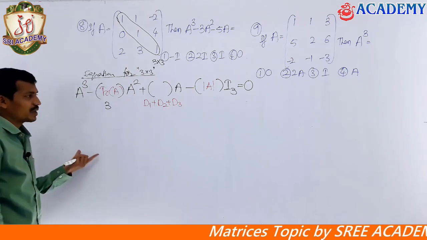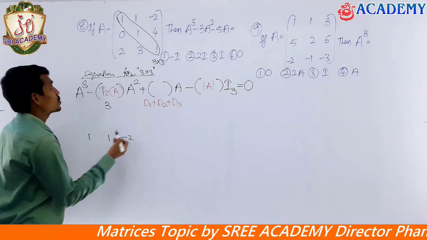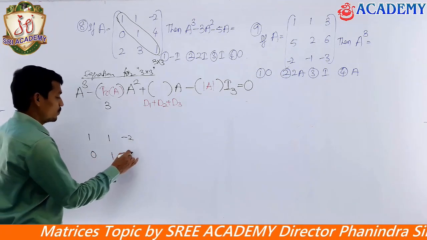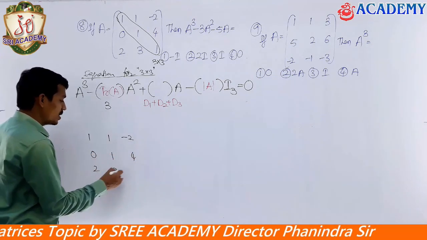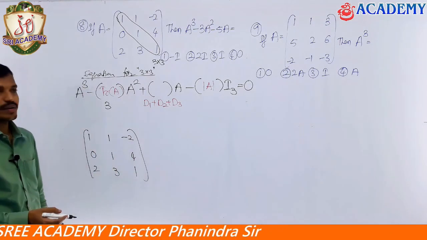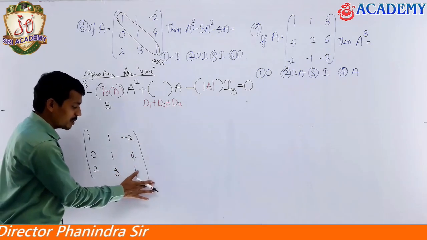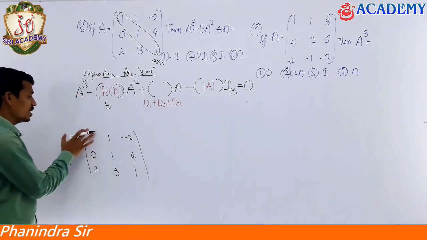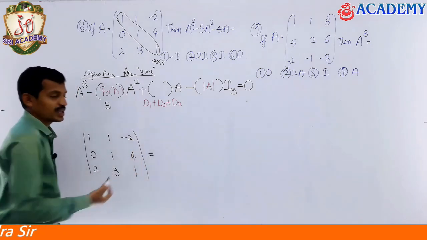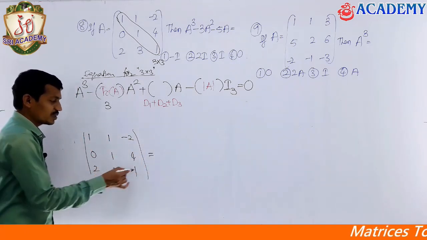Here, once again I am writing the matrix to get it easily: 1, 1, 2, 1, 0, 1, 4, 2, 3, 1. As we already said, the determinant we can find easily using our shortcut. Determinant is nothing but: 2 into minus 2 into 0 into 3, 0.